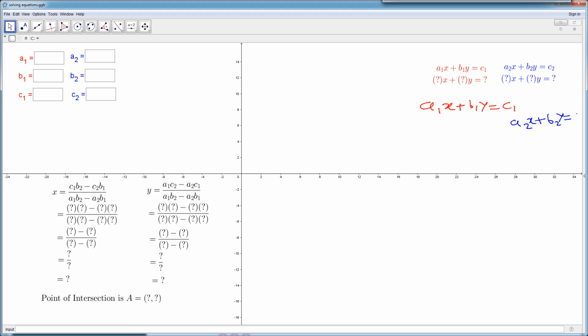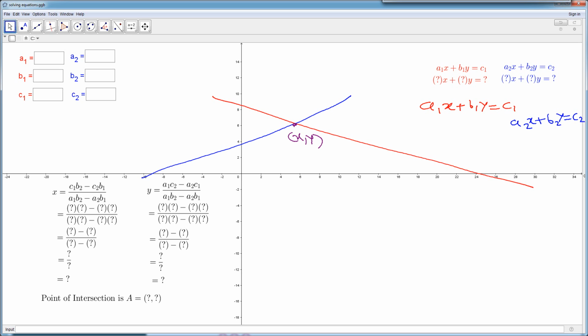We will have two straight lines, and these two straight lines will meet at a certain point. Say this is the first line, then the second line, and these two lines will meet at point x and y. So how to find these coordinates x and y? This is what we are going to see.